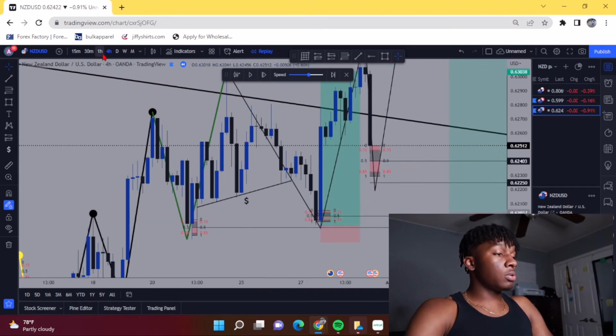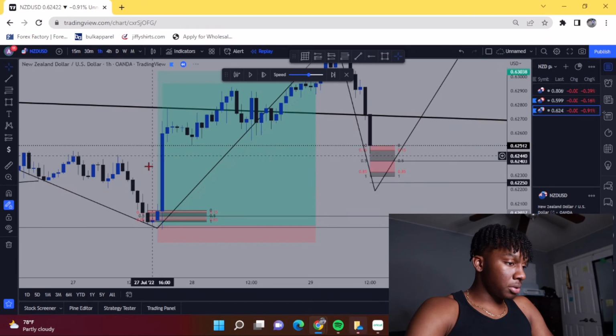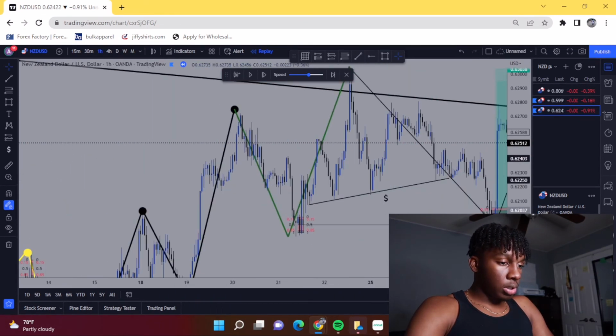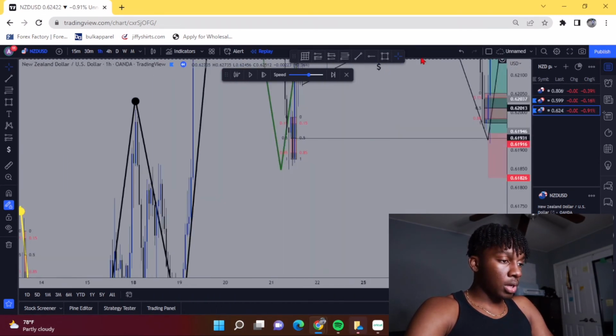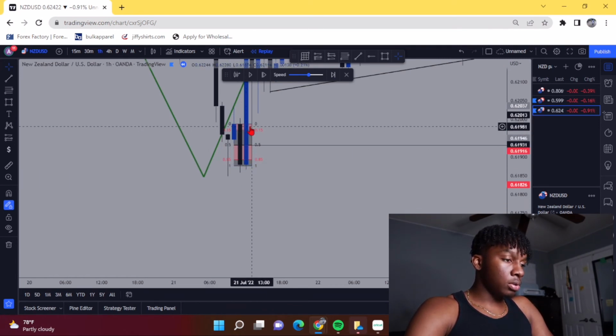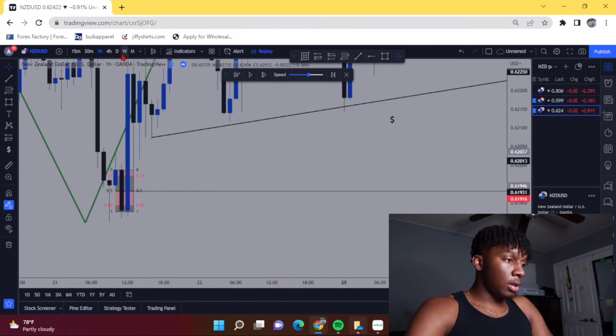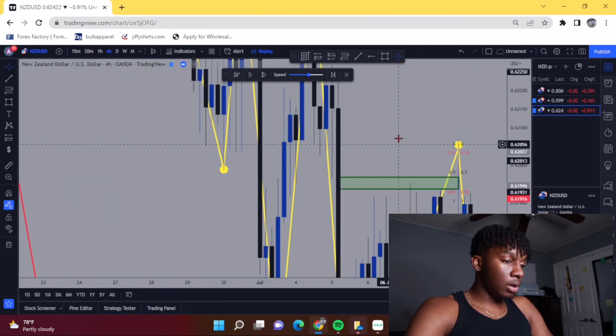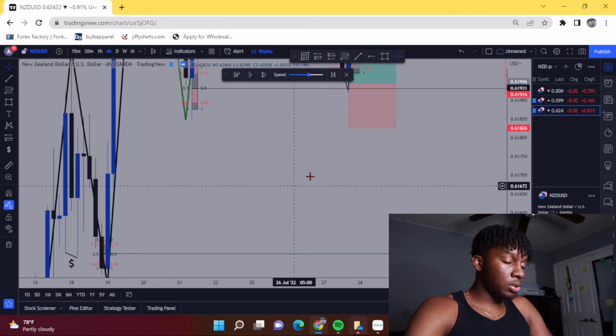And let me show y'all my entry, why I entered the way I entered. As y'all can see here, there was a lot of liquidity up there. This is the last down candle with a lot of volume in it. So I took out my box, measured 50% of that, and that was my entry, and that's how I got into the trade.